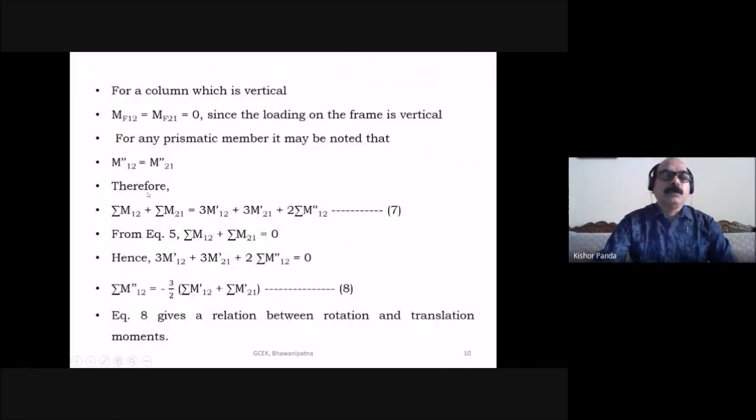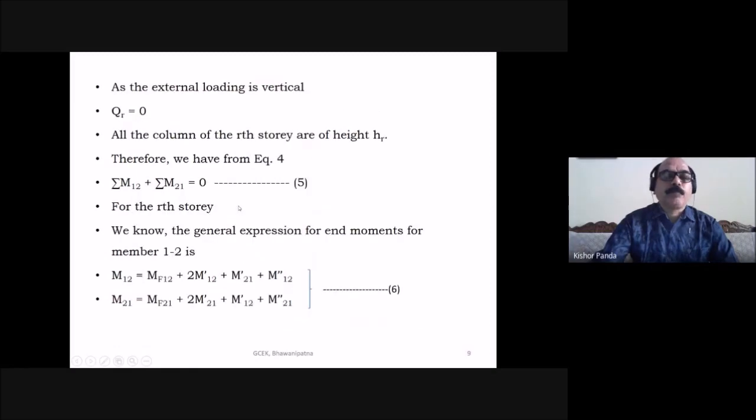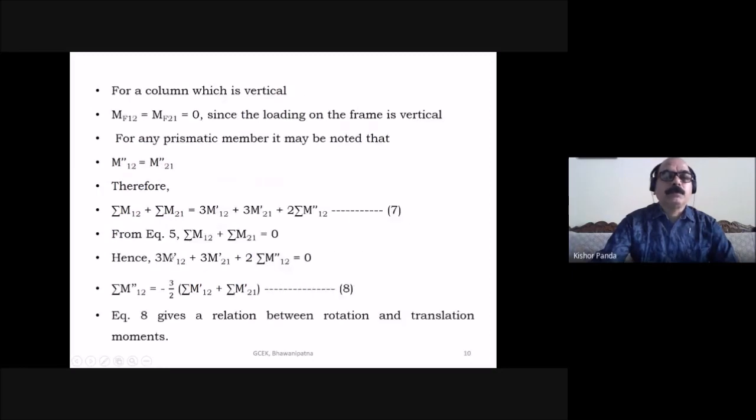Therefore, the summation of M12 plus the summation of M21 is equal to 3 M'12 plus 3 M'21 plus twice the summation of M double dash. But you know the summation of M12 plus the summation of M21 is equal to 0. So this is also 0.